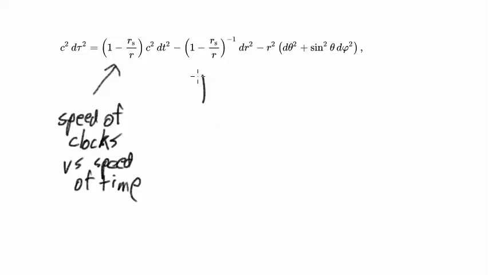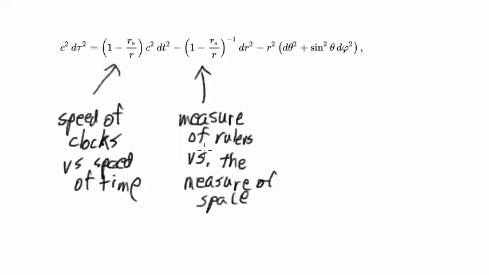And I thought of this as a measure of rulers versus the measure of space. And I thought that the explanation for why we needed this was to keep c constant locally.